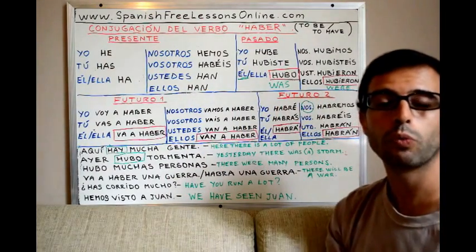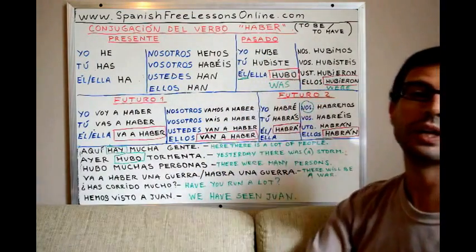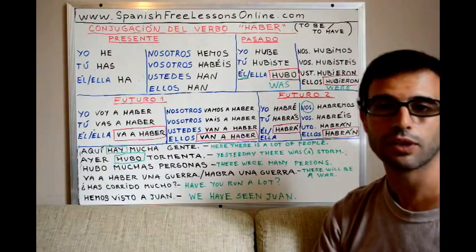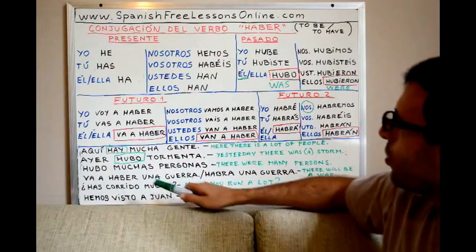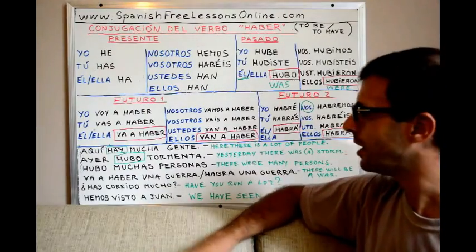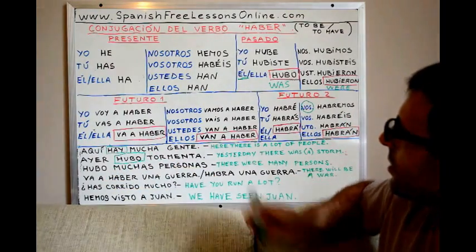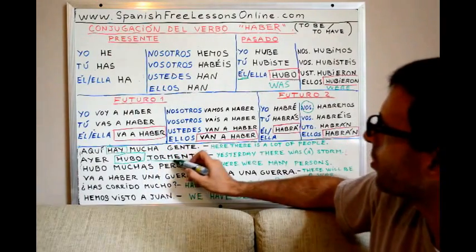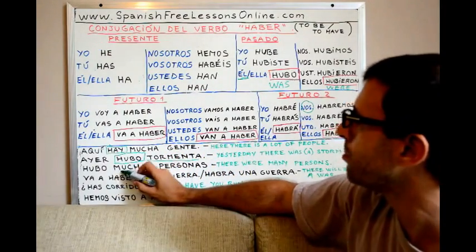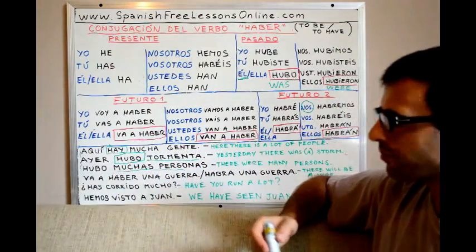But when we want to use verb haber, hubieron, like there was or there were, in Spanish we would only use hubo, right? The singular. Either for a singular, for one here, one storm, or for plural, in this case many persons. We use hubo and hubo.